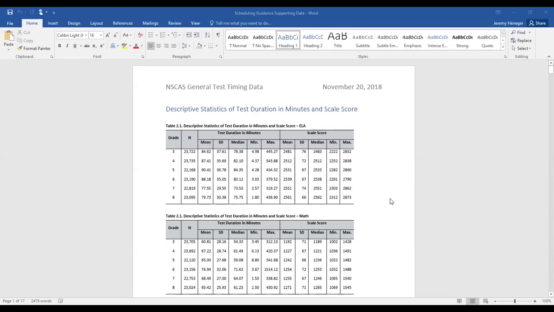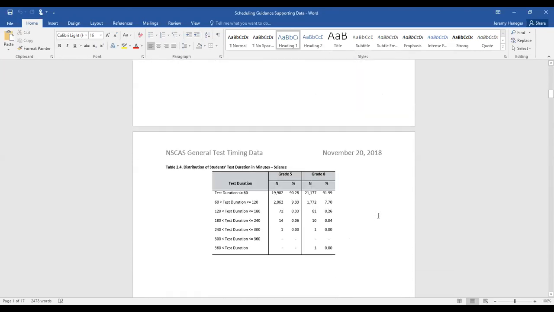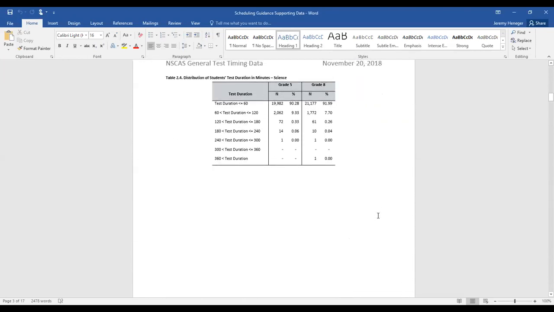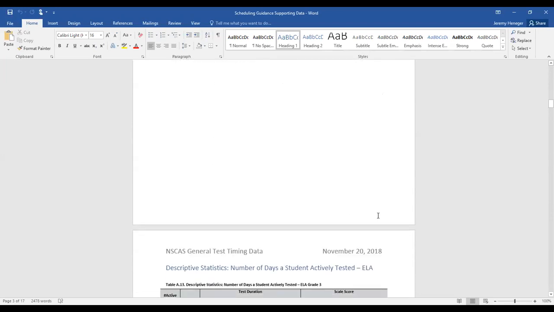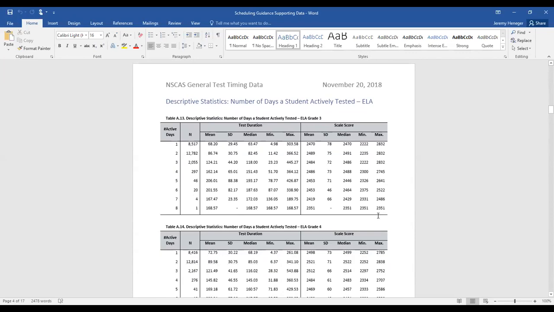But as you can see, there's a whole series of descriptive statistics here for all 3 subject areas. It gives general information about how many students tested within each time band.